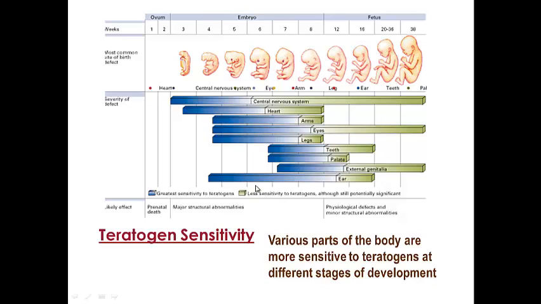So what I'm trying to say here is that unless you are planning a pregnancy and you want to get pregnant, it's hard to prevent at least some of these negative effects of teratogens.